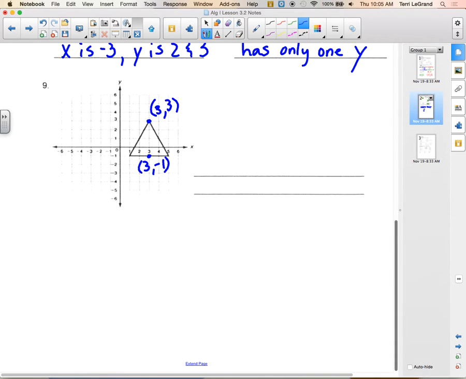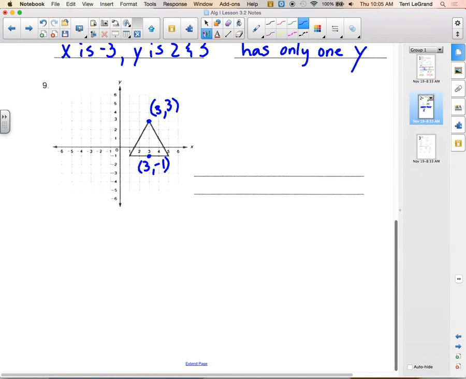When x is 3, there are two different y values. Does that ever happen again in the graph? Yeah. About how many more times? Infinity. An infinite number of times. In other words, in fact, anytime x is between what and what, there's always going to be two y values in this relation. When x is between what and what?